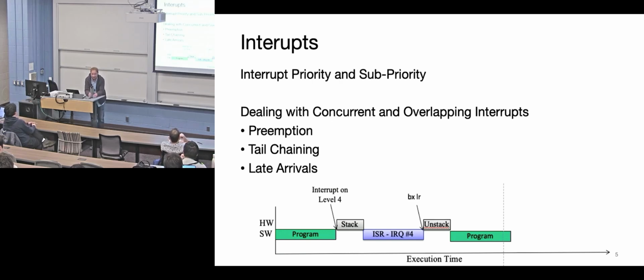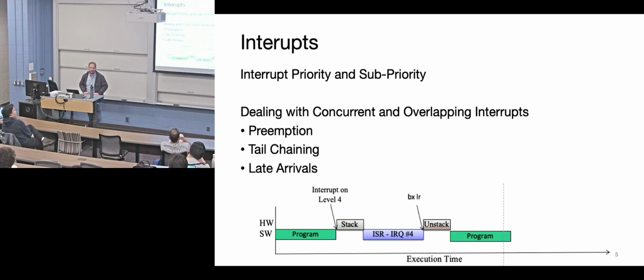Preemption priority has priority over any interrupt, so the lowest number gets to interrupt. Sub-priority, if you're the same preemption priority, then it tells you how to sort the pending interrupts, essentially.